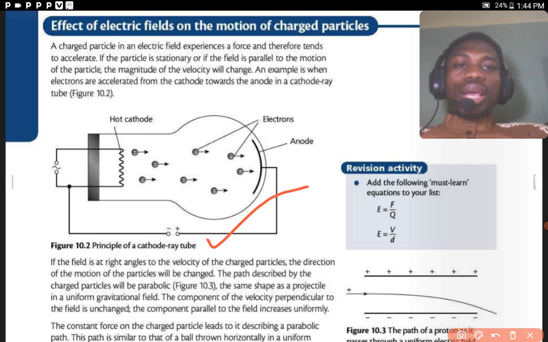An example is when electrons are accelerated from the cathode towards the anode in a cathode ray tube. This is the diagram below here.